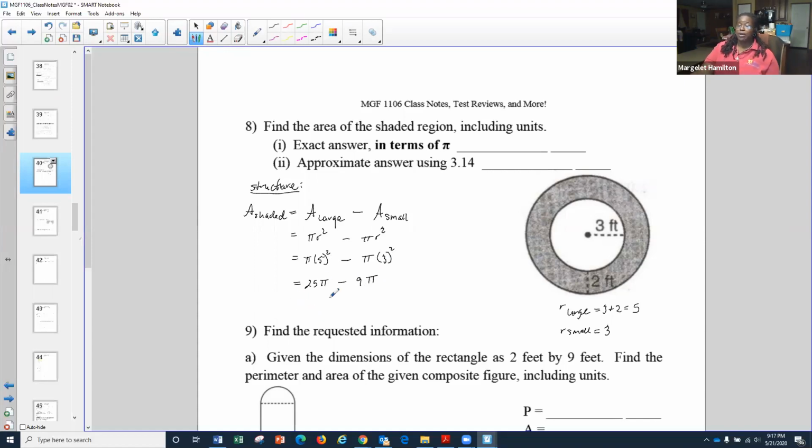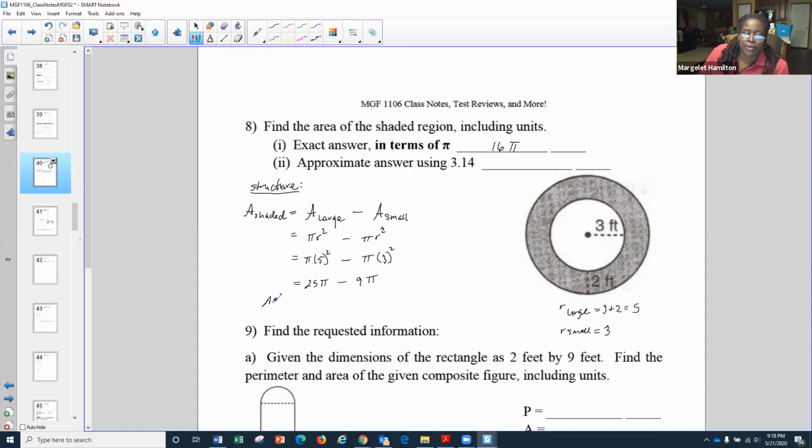These are like terms now. So we can combine them. And 25 minus 9 gives us what? Yep, that's what I got. It's 16. Okay. All right, so our answer in terms of pi, 16 pi.